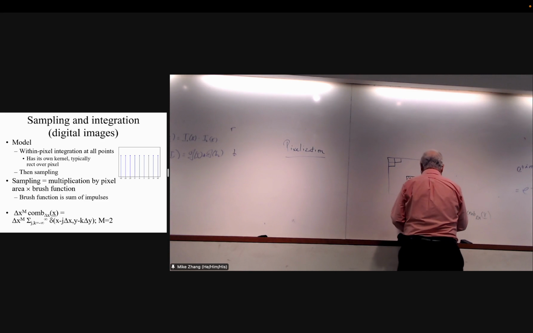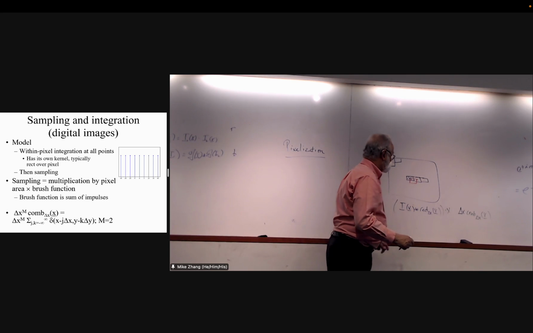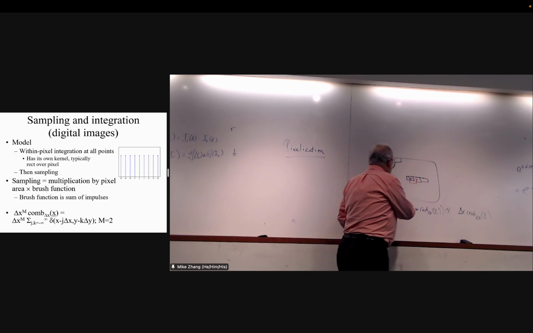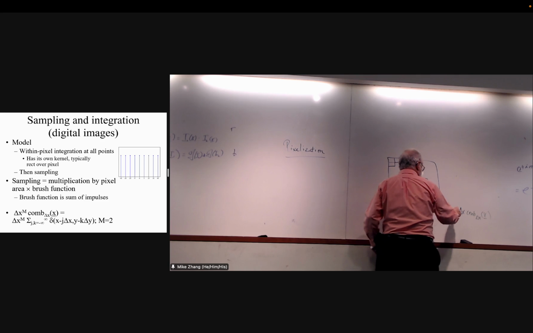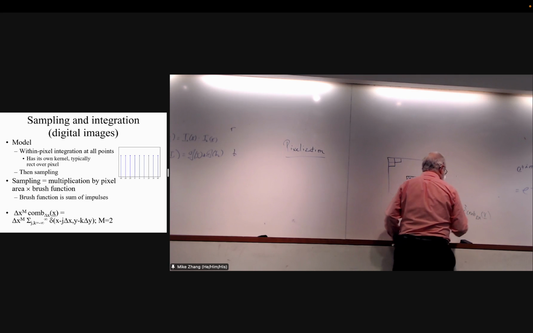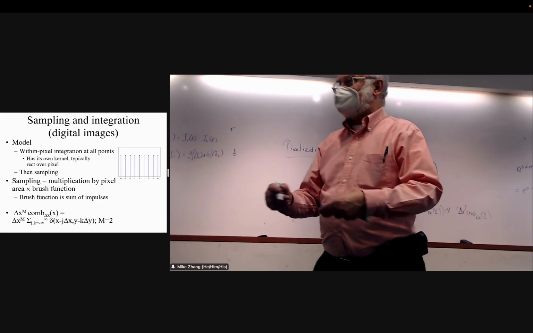So in one dimension, it's going to be delta x times comb of delta x. This is in one dimension. And if it's in 2 dimensions, it's going to need to be delta x squared. Right, in 3 dimensions, it's delta x cubed.